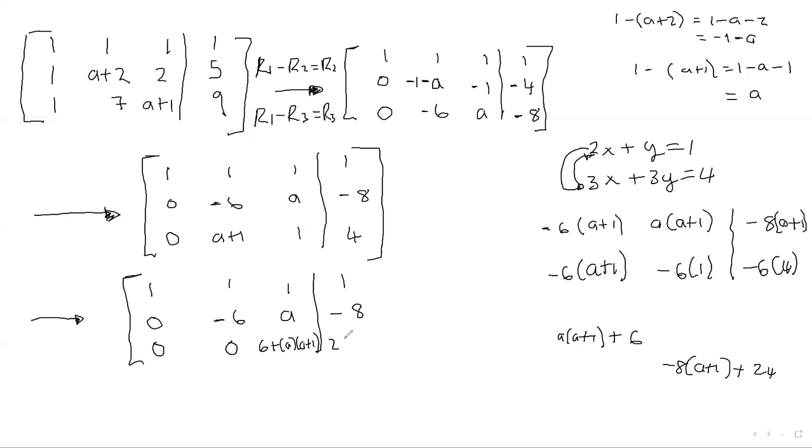So 24 minus 8 times a plus 1. And voila, do we have our zeros here? Boom, we do. We have our zeros, look at them. And then we're done. Now we can start solving the equations for the solution types: no solution, a unique solution, and infinitely many solutions.